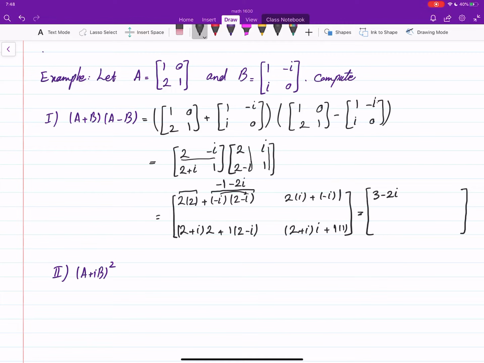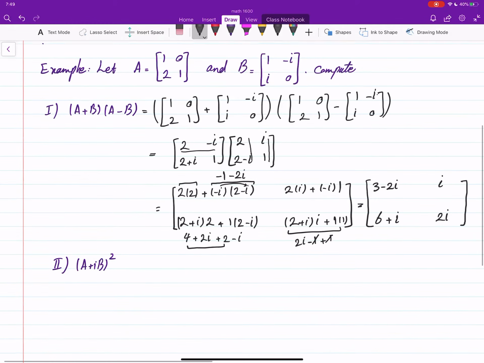This is 2I minus I. This is going to be I. This is 4 plus 2I plus 2 minus I. 2 and 4 is 6. 2I minus I is plus I. And here we have 2I. I times I is negative 1 plus 1. These two cancel. This is 2I. And that's what we have.